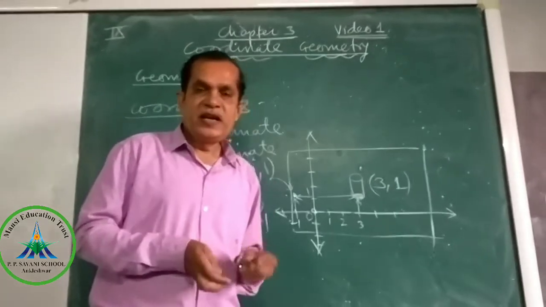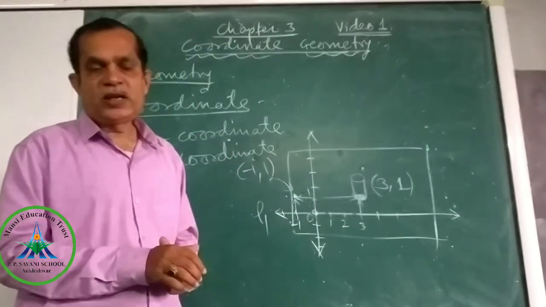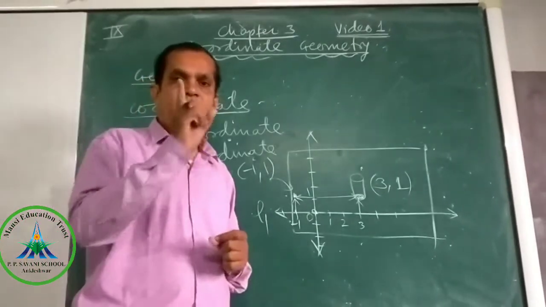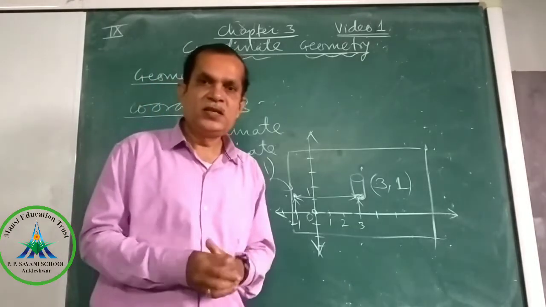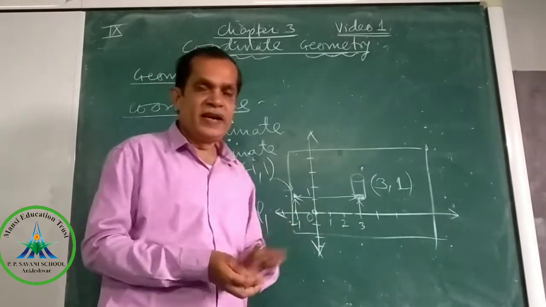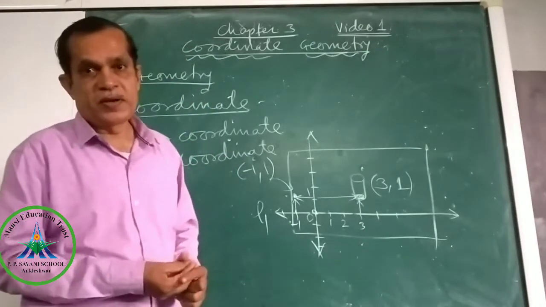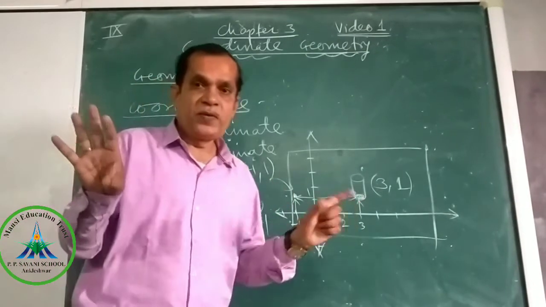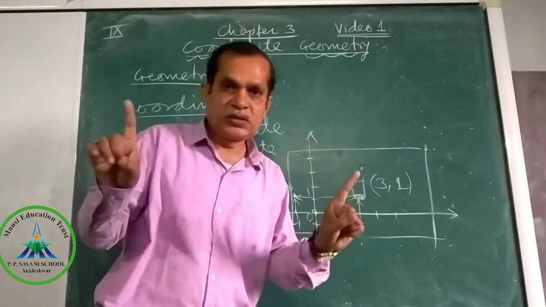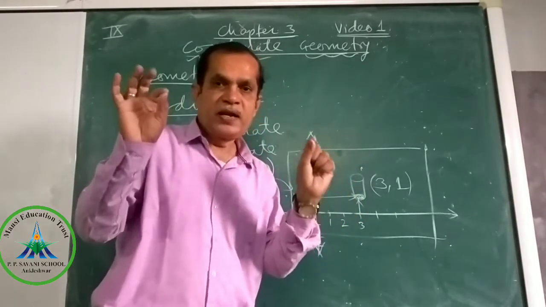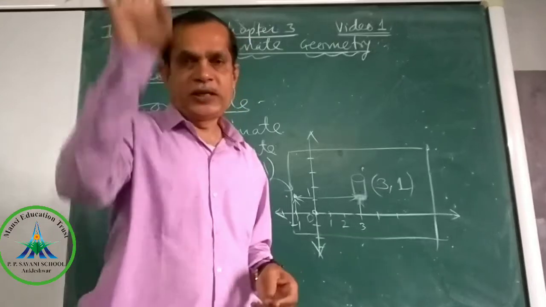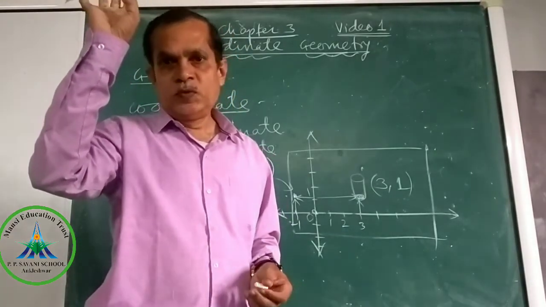So the x coordinate indicates the distance of the object away from the y-axis, and the y coordinate indicates the distance of the object away from the x-axis. Remember. So now it's very clear. What are coordinates? Coordinates are numbers that help to locate the position of an object. Okay.